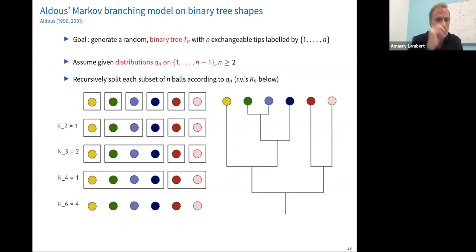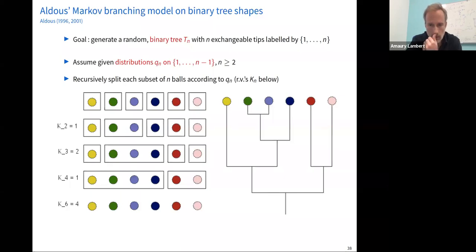And actually, this question goes back to works and questions by the famous probabilist David Aldous, who came up with a model for a random binary tree T sub n with n exchangeable tips labeled by 1 to n.